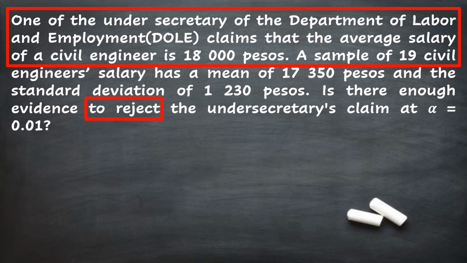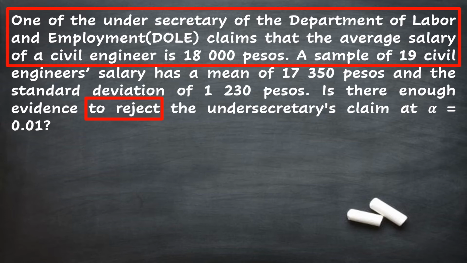So, yun lang siya. Ganun lang siya kadali. In this kind of problem, we don't have any factual statement. So, we only have a researcher's claim and a hint in the question part.